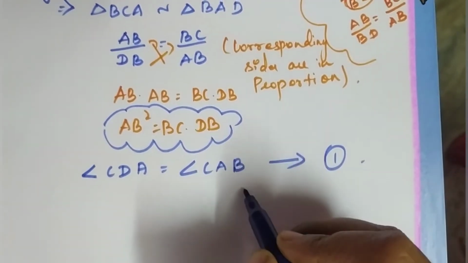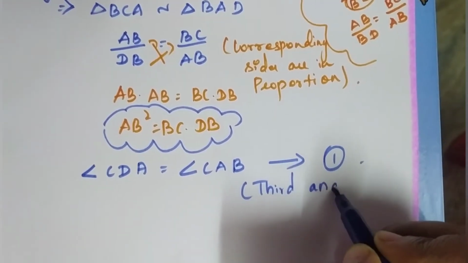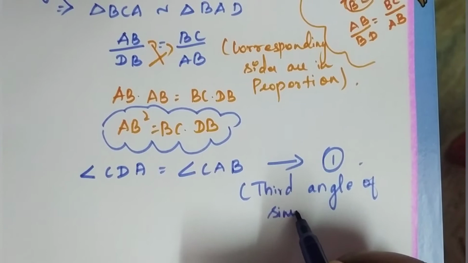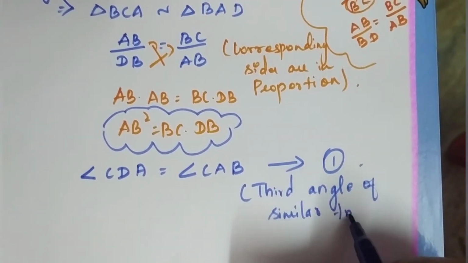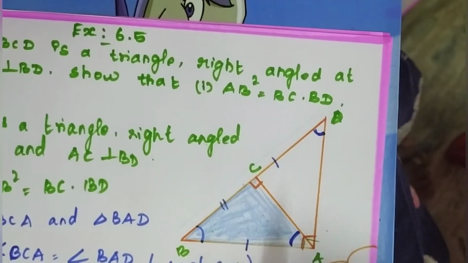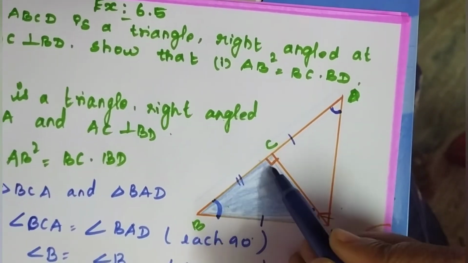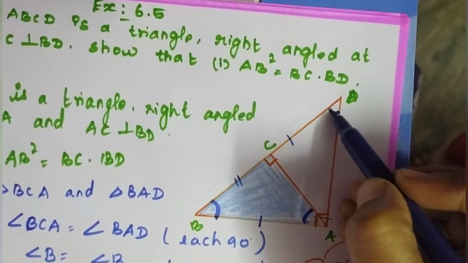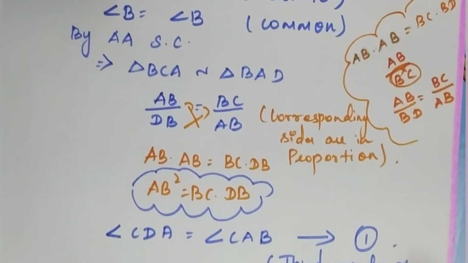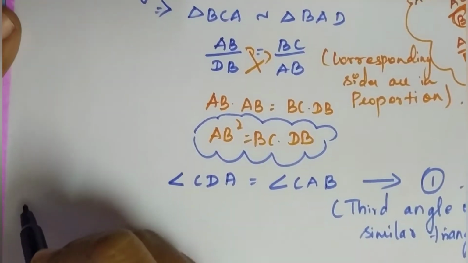Third angle of a similar triangle, that is, these two angles are common angle B. This is 90 degree and this angle is equal. Okay, clear? So now next we have to prove the second one.